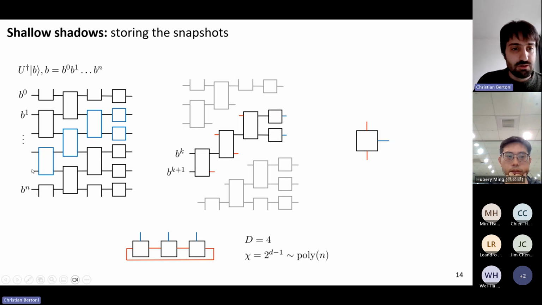We want to store the whole thing. This is some state, and we represent the whole circuit as an MPS. It's a short circuit, log depth, which is why this is efficient. Or have I misunderstood your question?